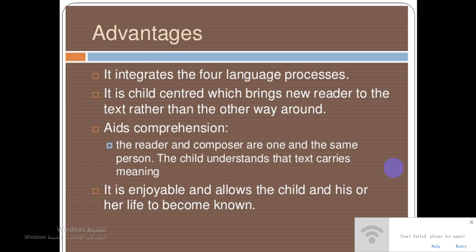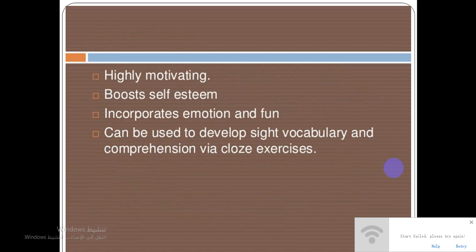The child understands that text carries meaning. It is enjoyable and allows the children and their lives to become known. Highly motivating, it incorporates emotion and fun. It can be used to develop sight vocabulary and comprehension via cloze exercises.